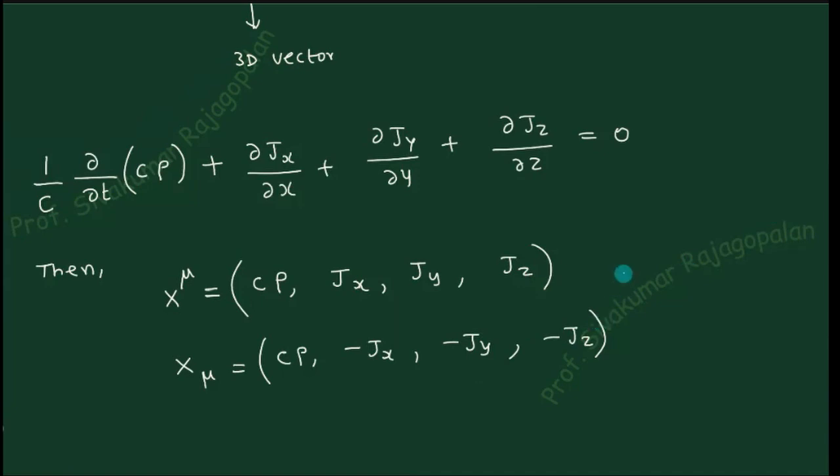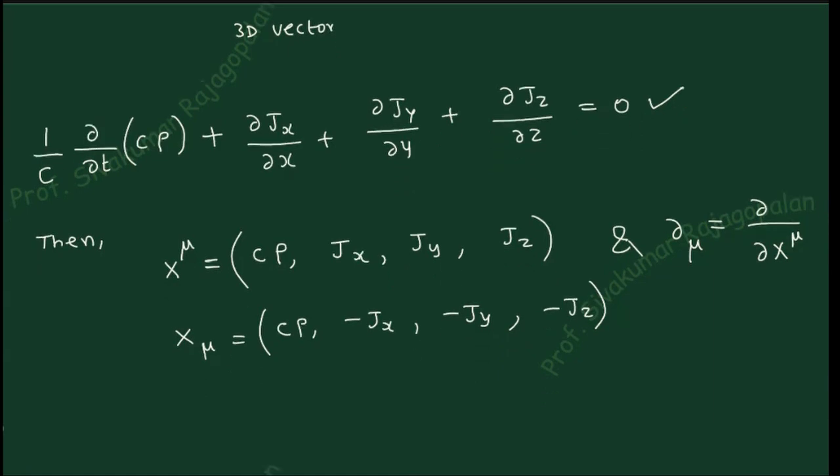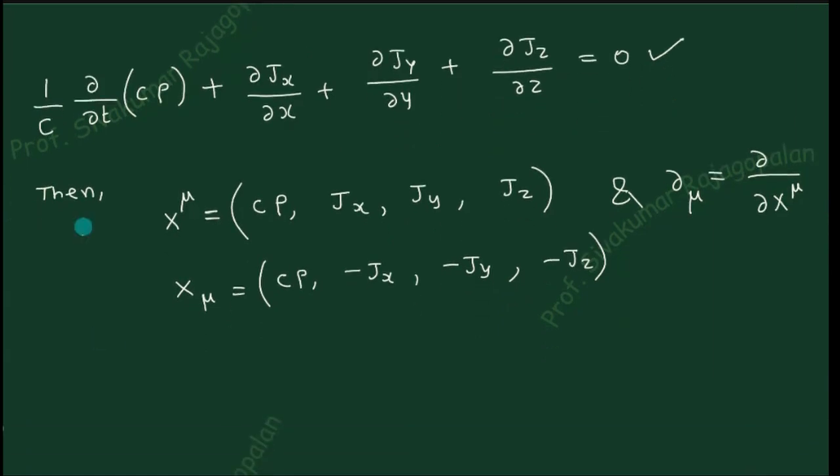And of course, you also have the definition. This definition is there already. Definition for the derivative, which is dou divided by dou x mu. So if you are going to make use of these definitions, I will be able to rewrite this equation in a compact notation. Okay, so now we can write down the compact notation in one line. So how do you write this compact notation? Dou mu. So now we'll say that dou mu will take care of 4 components.